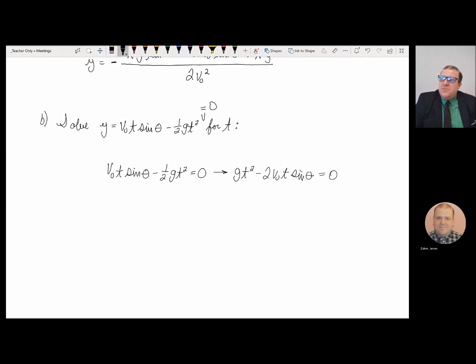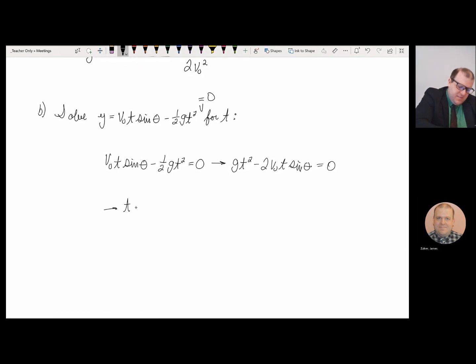Multiplying both sides by -2, right? Then solving for t. Oh, we have to use quadratic formula.